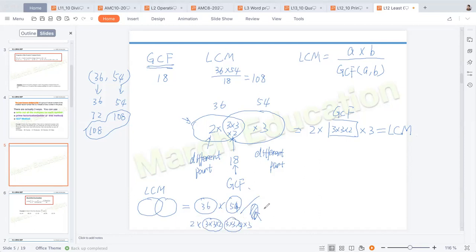If I divide by the GCF, 3 times 3 times 2, if I divide out one of them, this is the least common multiple. Okay, so this is the logic of why we have this formula.